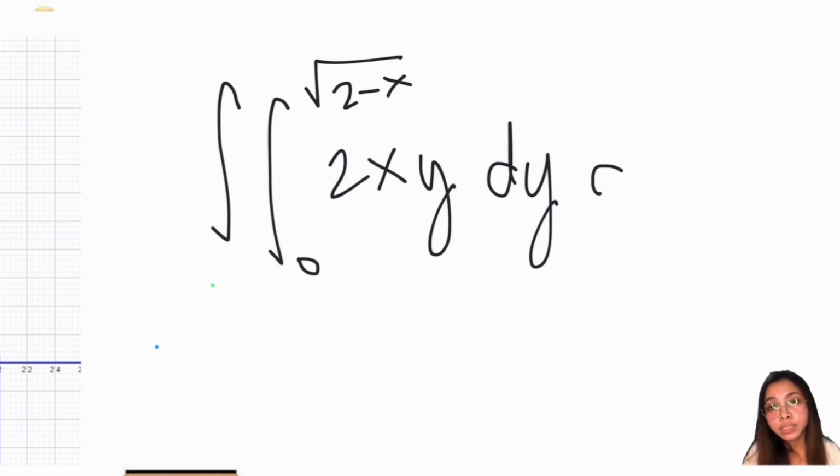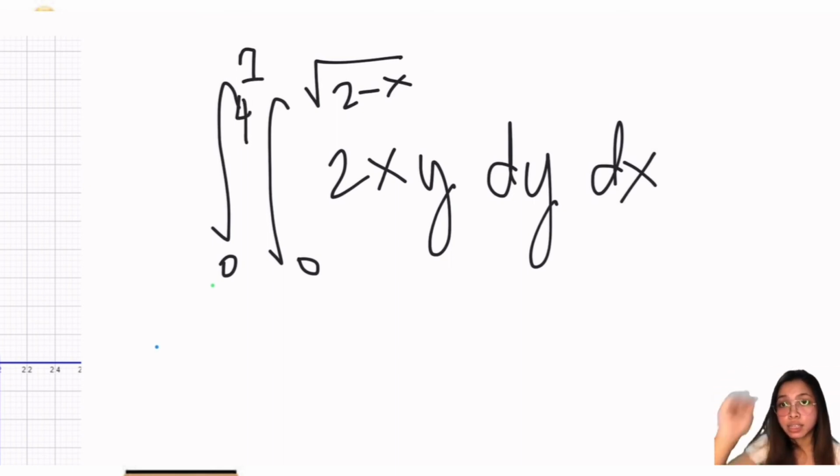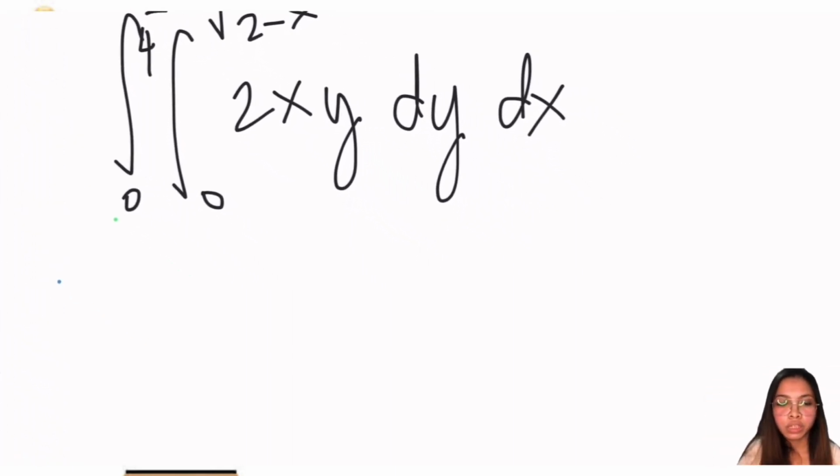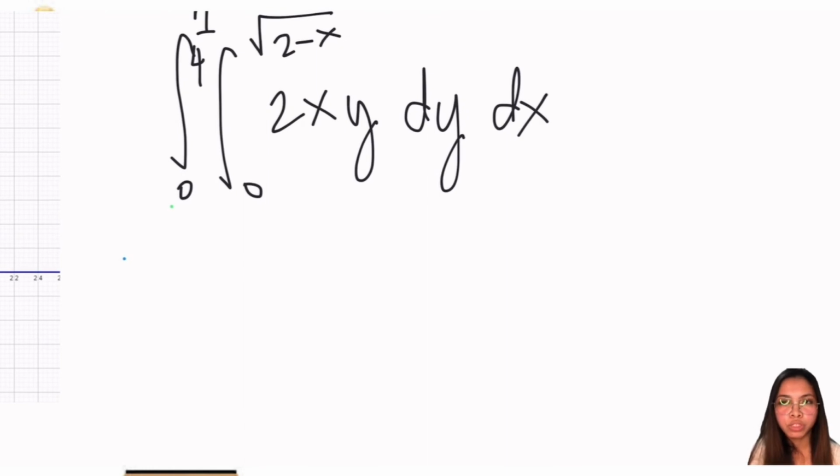And then next one, dx, and the limits of x on the outside are 0 and 7/4. Notice that we put dy first, and this variable must match the first integral.